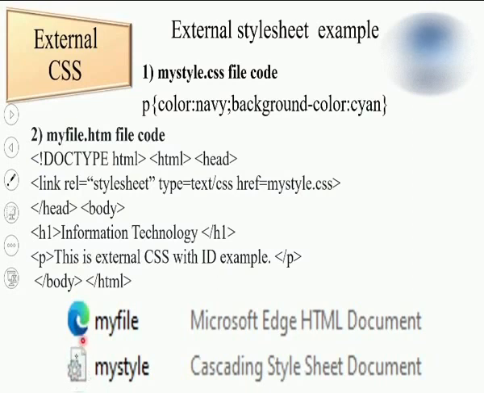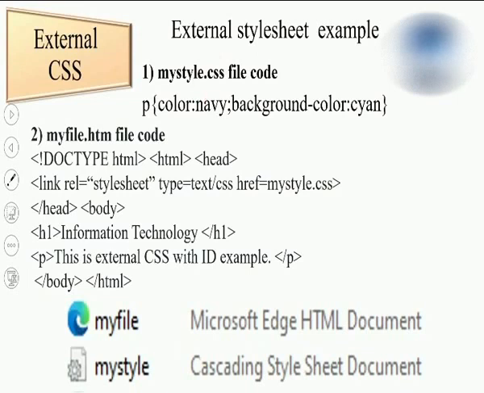Observe this icon, as well as on the right hand side in the folder, the type of the file is Cascading Style Sheet document. This is a screenshot I took from my folder. If you observe these two files in your folder, it should look like this. So what I mean to say is, check the type of file after creating the .css file.